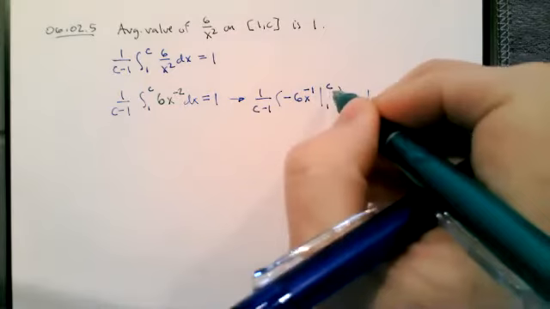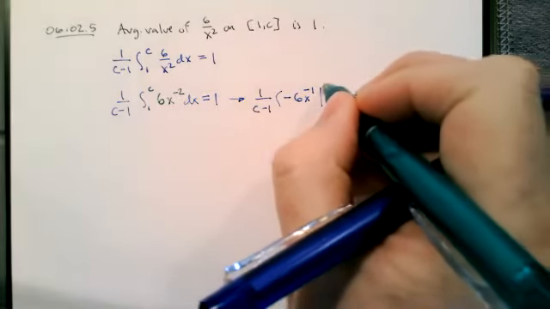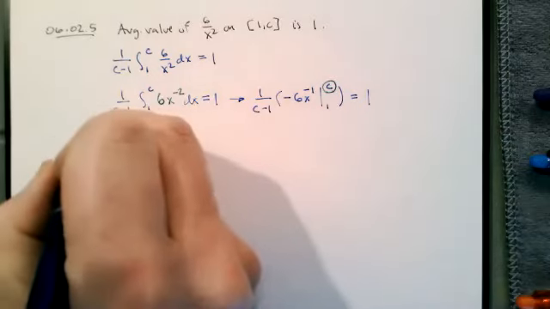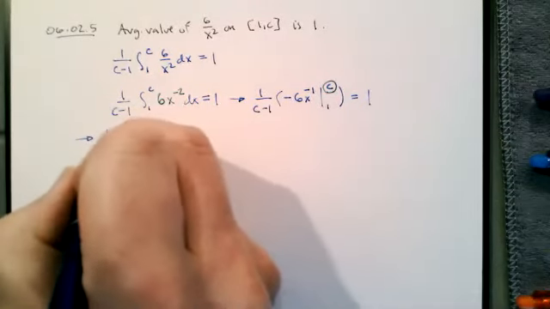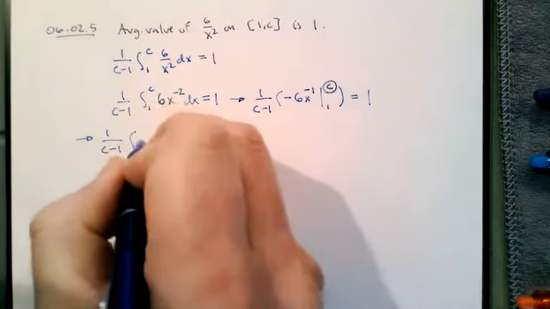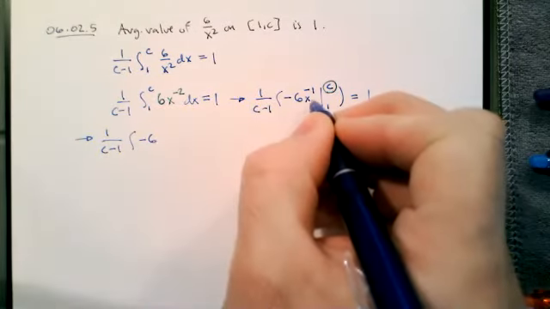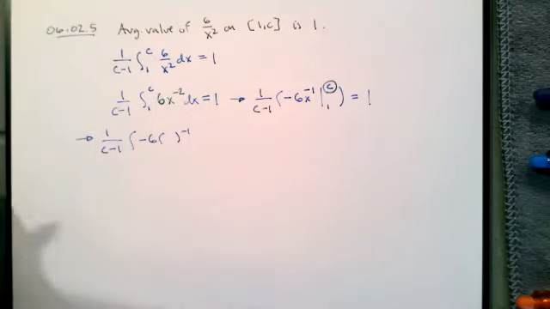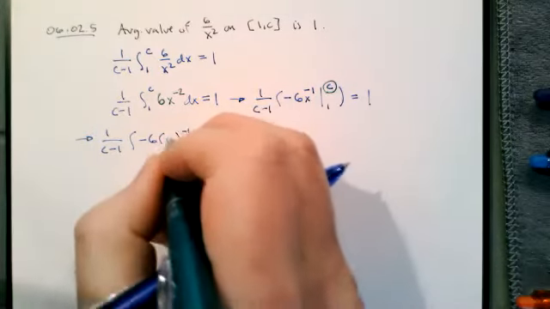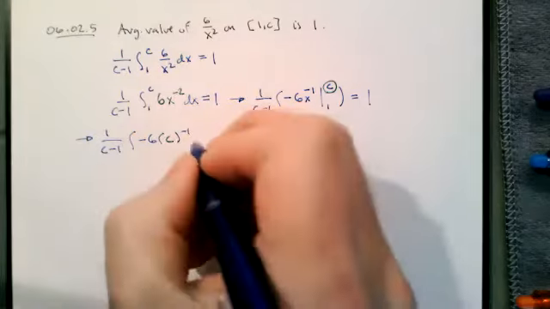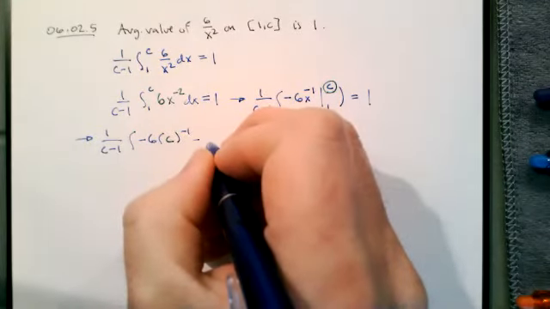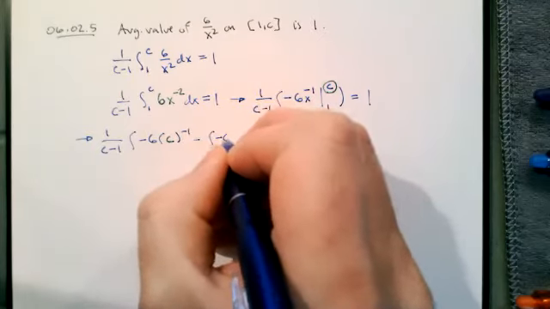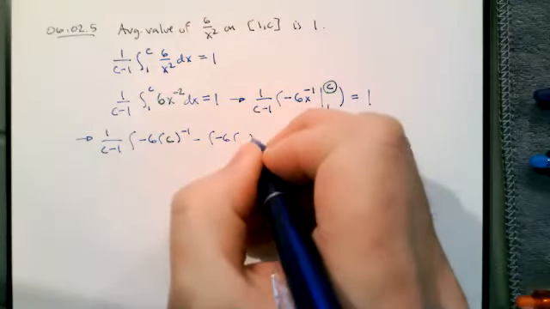So now into the x, I'm going to plug a c. I still have 1 over c minus 1. I haven't done anything with that, so there's no reason it should go away. And I'll have a negative 6 times c to the negative 1, minus a negative 6 times 1 to the negative 1.